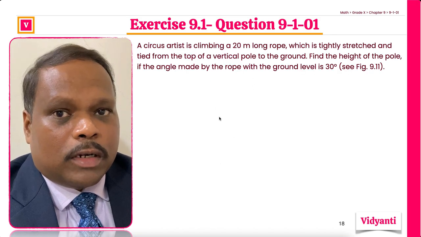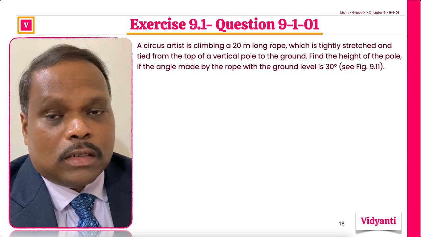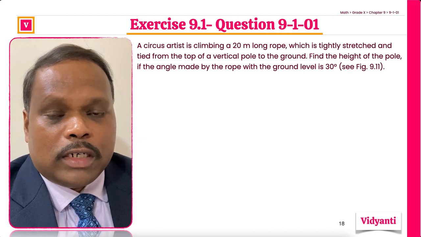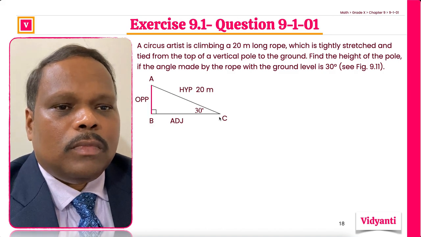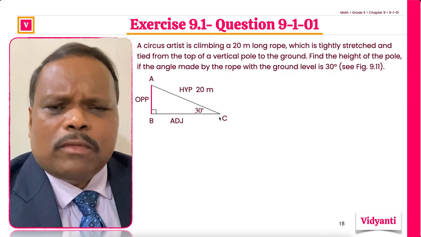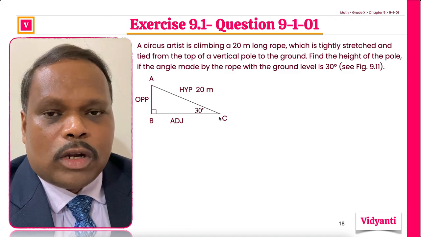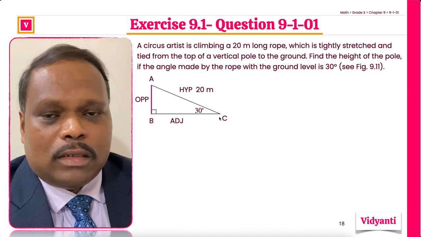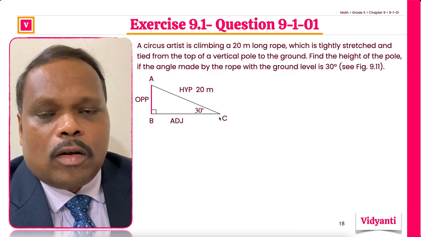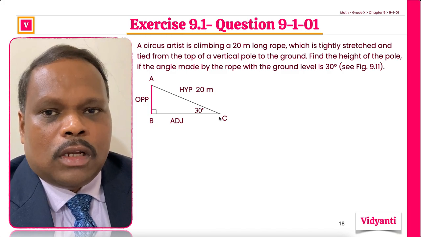A circus artist is climbing a 20-meter long rope. Remember the fundamental ratios, sine, cosine, tangent, and their definitions, whether they are opposite over hypotenuse, adjacent over hypotenuse, or opposite over adjacent. In these kinds of questions, I have realized that if you can interpret what is given, the actual calculations are not really time consuming. It's just a matter of whether you can understand what they are trying to tell you.